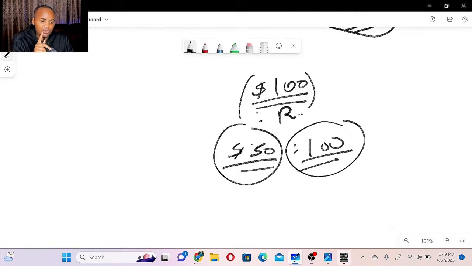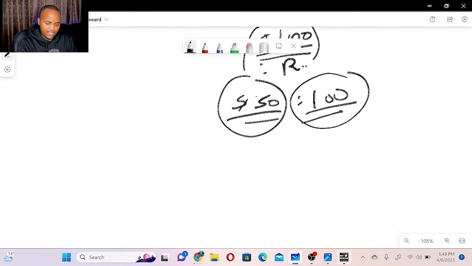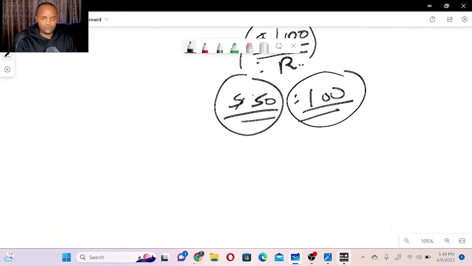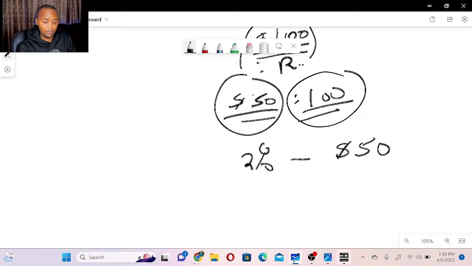But there's something we have not defined over here. Yes, you're willing to lose 50. For you to stay long, remember, your account should be how much? 2%. This means 2% is what defines $50. Remember we said you're willing to risk 2% of the account per trade, 2% per trade.